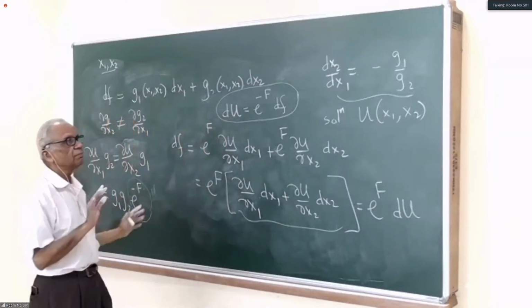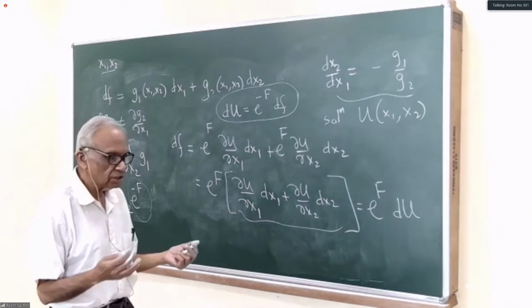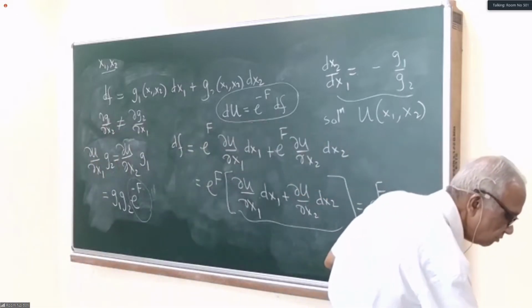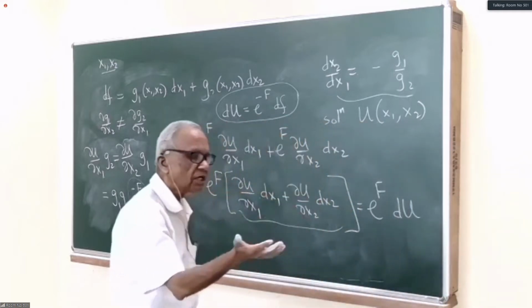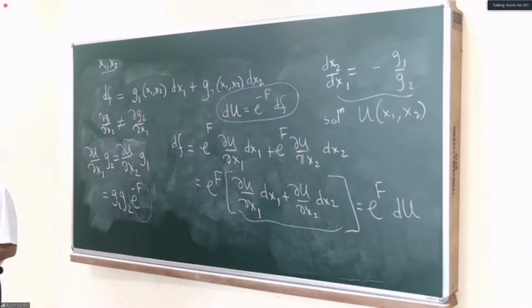So this is the basic maths that you need to know. I'm sure you have done functions of several variables in your math courses, so you must have seen it, but I need to use it, and I wanted to make sure that we are on the same wavelength.